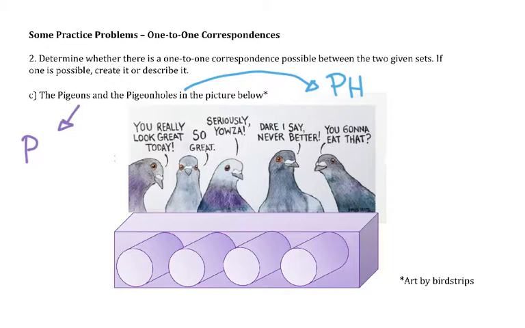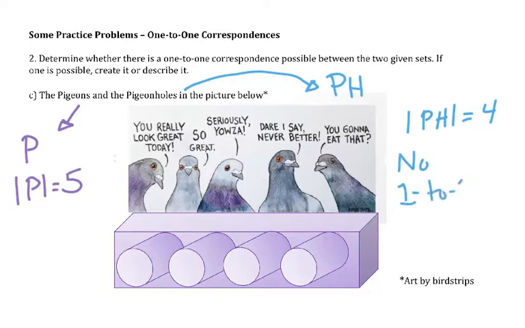Well, how many pigeons are there? I see 1, 2, 3, 4, 5. How many pigeonholes are there? 4. Now, when you know two sets have different numbers of objects in there, they're not equally numerous. There is no one-to-one correspondence possible.